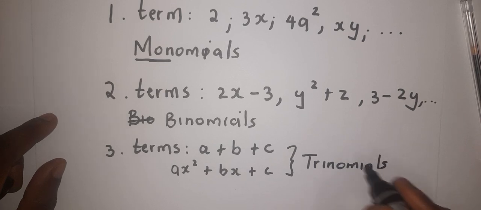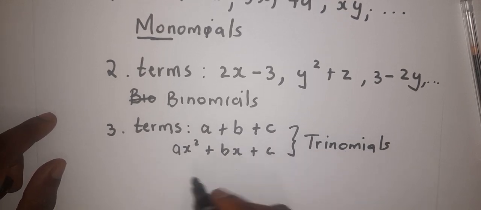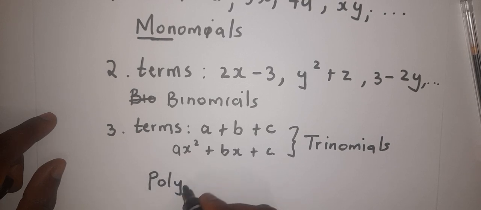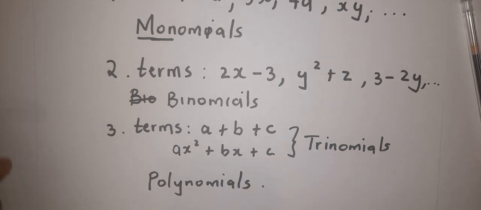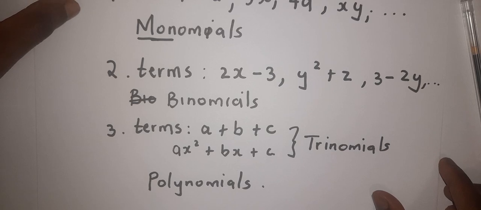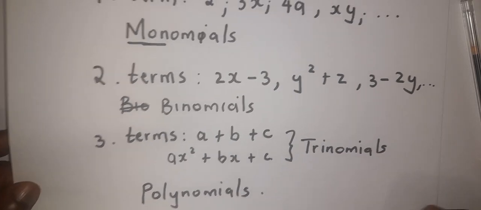And if your expression happens to have more than three terms, these expressions are called polynomials. So in this video, we are just going to be looking at multiplication of monomials with binomials, binomials with trinomials, and sometimes binomials with themselves.